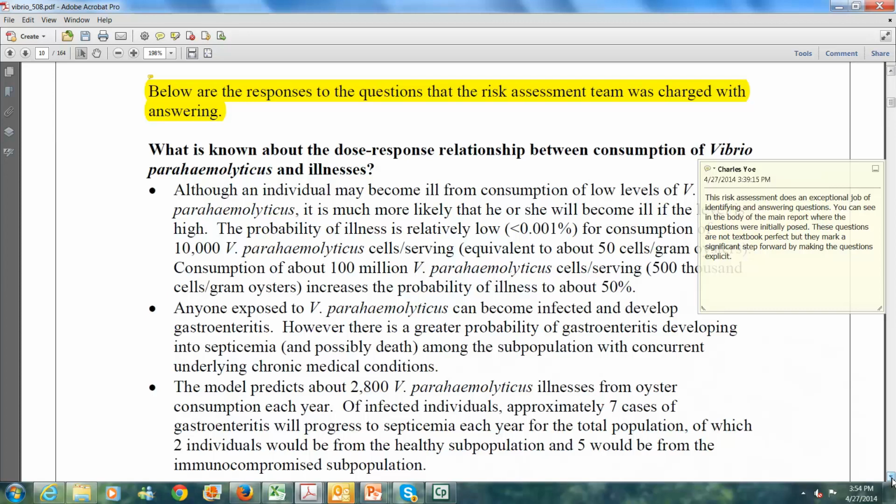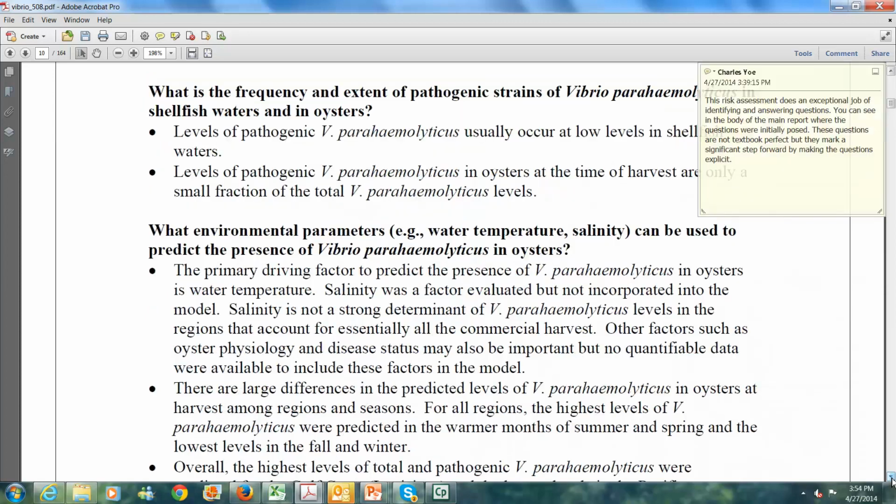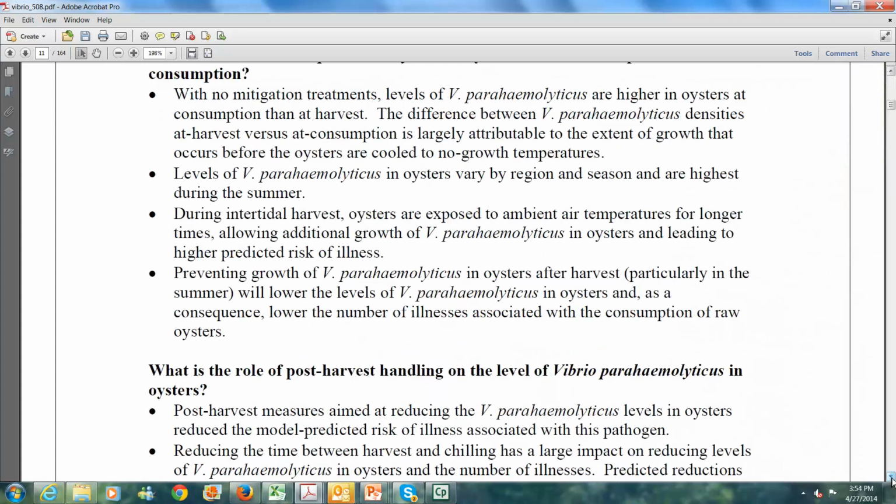And you will see in bold the questions that were posed by the risk managers. And I am especially pleased about this because I was working with many of the team members here, and this was one of the key points that we were stressing as important to do. So you can see the questions, and in the bullet points are the answers that were provided by the team.